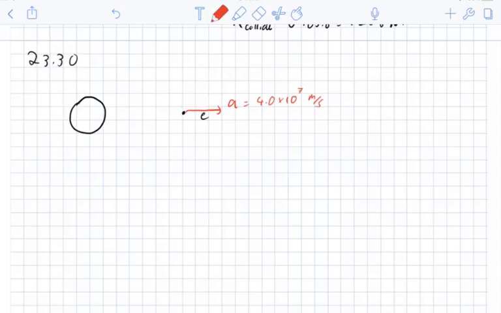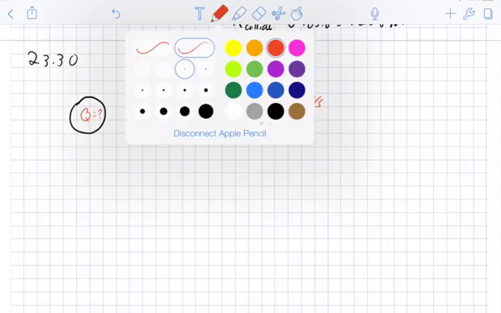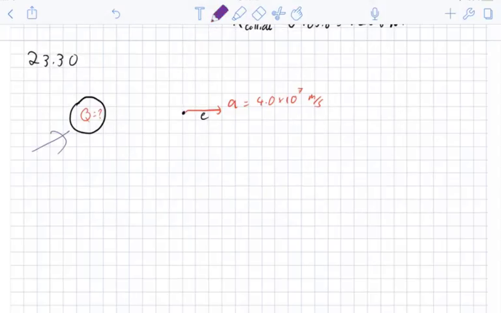And so the question is, what's the charge on this sphere? Okay, so this question is way easier than the previous one. Here's the basic principle. This charged sphere is emitting an electric field. This distance here is, okay.